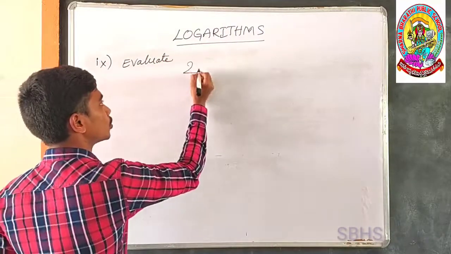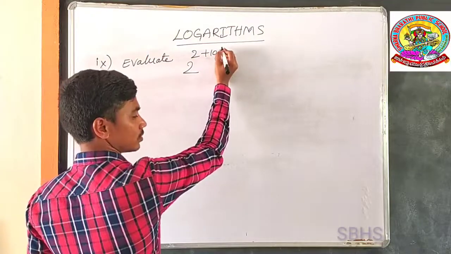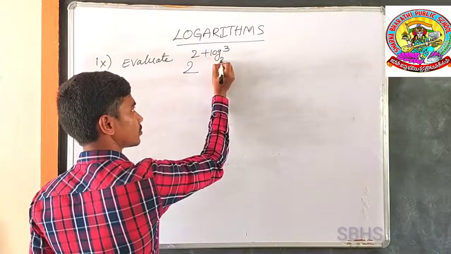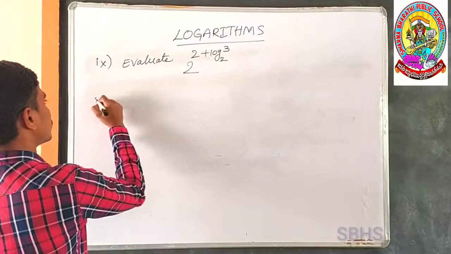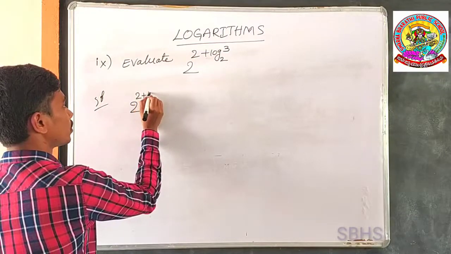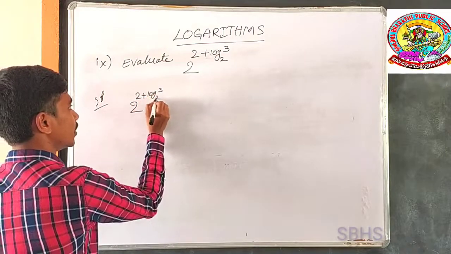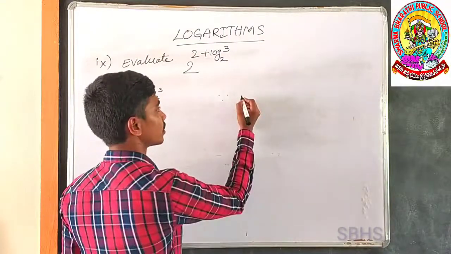Evaluate 2 power 2 plus log 3 to the base 2. Solution. Given 2 power 2 plus log 3 to the base 2. Once memorize exponential rules.